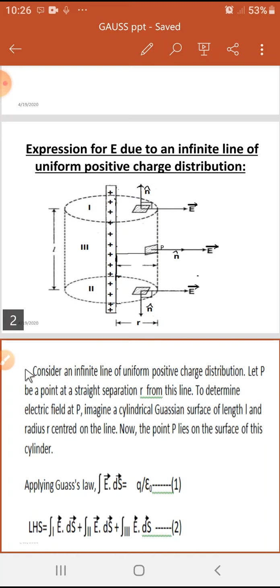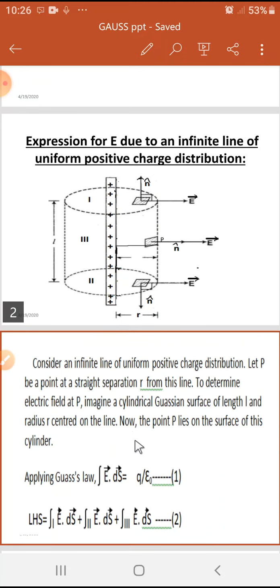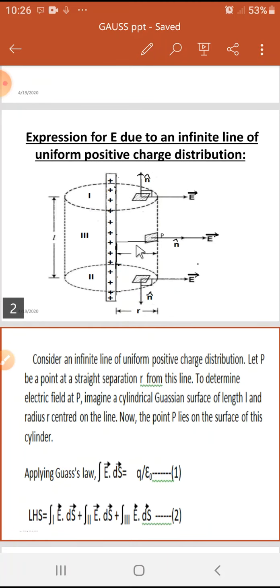Consider an infinite line of uniform positive charge distribution, as given in this section. When you apply Gauss's law over this imaginary cylinder, we write the closed integral of vector E dot ds equal to q by epsilon 0.